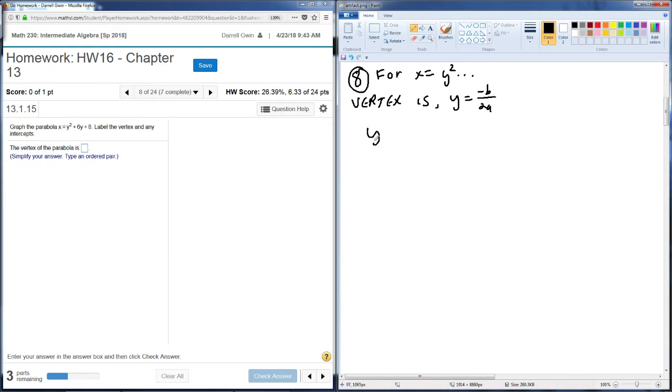So this one is y equals, the b is 6, the a is 1, so negative 6 divided by 2 is negative 3. Now to find x, we just plug in negative 3 into the formula.